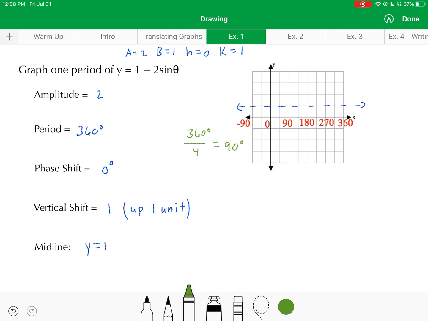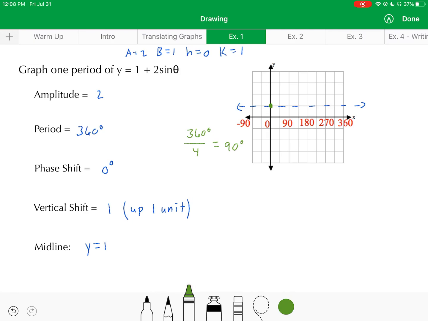Okay, so normally the sine function starts at the origin, right, for the parent function. Well, now it's going to start 1 unit up to where it's now at the point of 0, 1, right on that midline, okay?